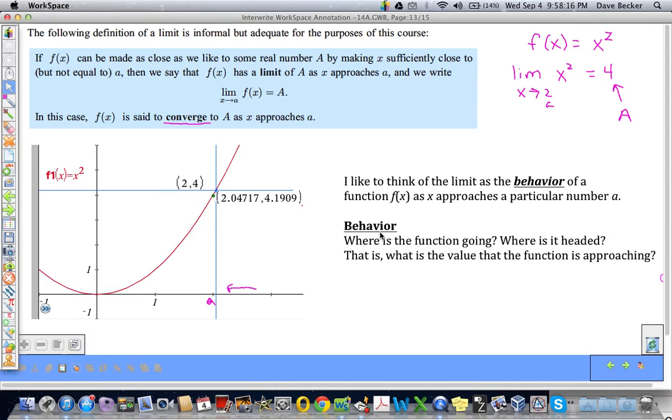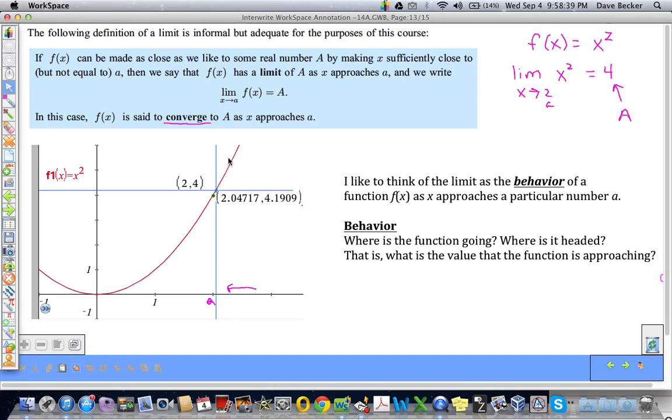What the heck is the function doing? Where is it going? Or basically, what is its value? What is the value of the function right around the x value in question? The x value we theoretically use to be a. And again, before it was specifically 2.